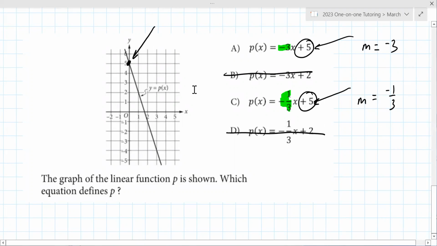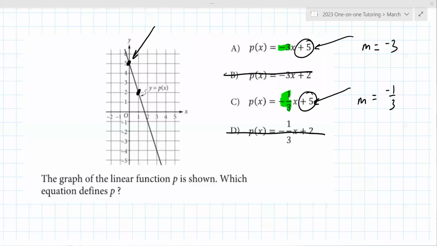All right, now just visually looking here, how do you go from this first point to this second point? How would you describe that to someone? Like up, down, left, right, what would you do? Down.